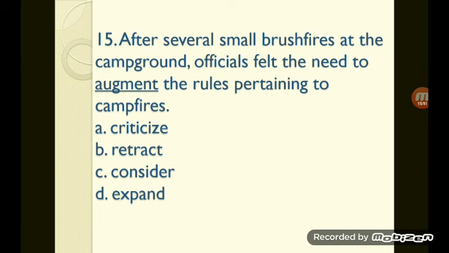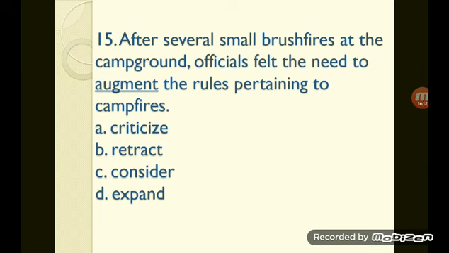Number 15. After several small brush fires at the campground, officials felt the need to augment the rules pertaining to campfires. So the rules that were already there, they wanted to add some more points to it. Because several brush fires have taken place.